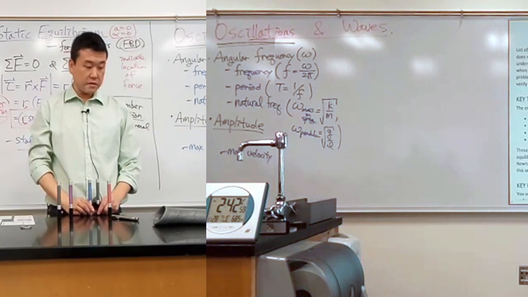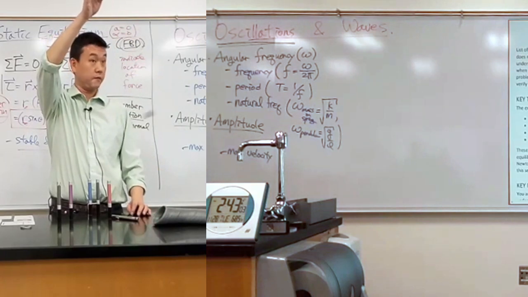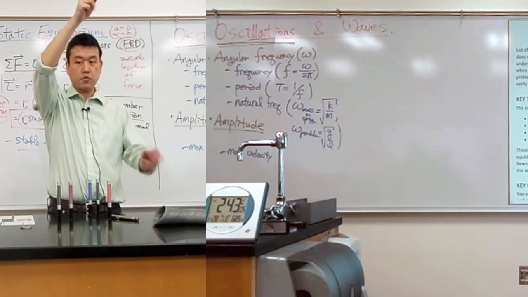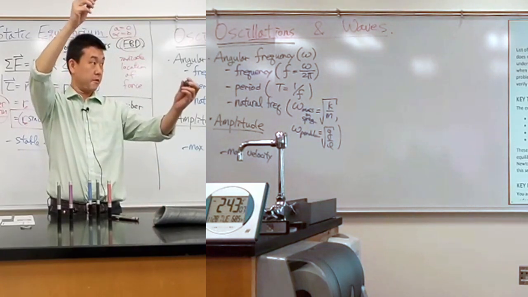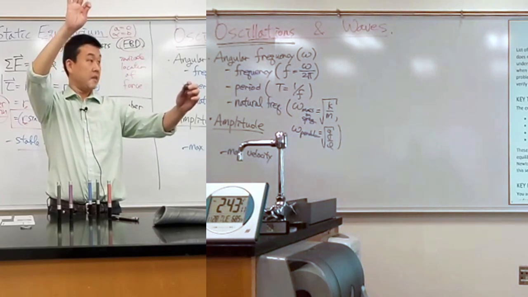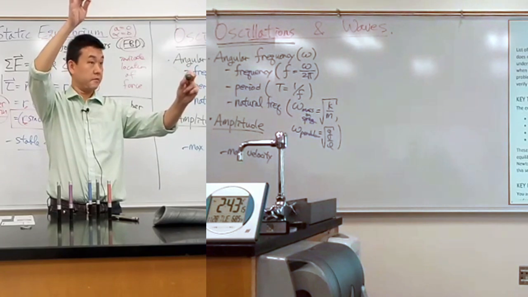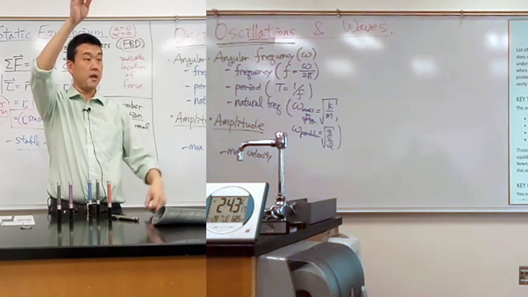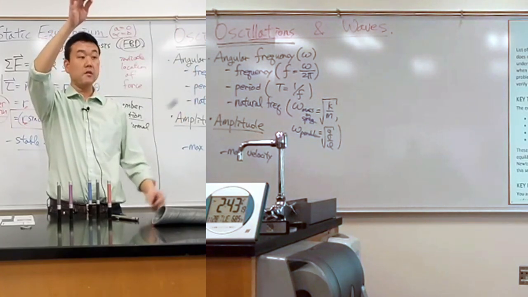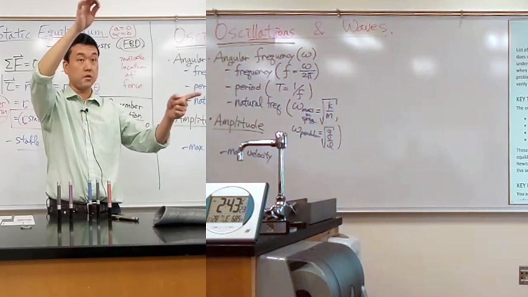Energy. Simple harmonic oscillation happens in a situation where energy is conserved. Amplitude describes maximum displacement. This is the position where velocity is zero and kinetic energy is zero. This is the position where you have maximum potential energy. As it oscillates, because energy is conserved, potential energy changes to kinetic, back to potential, back to kinetic, back to potential.